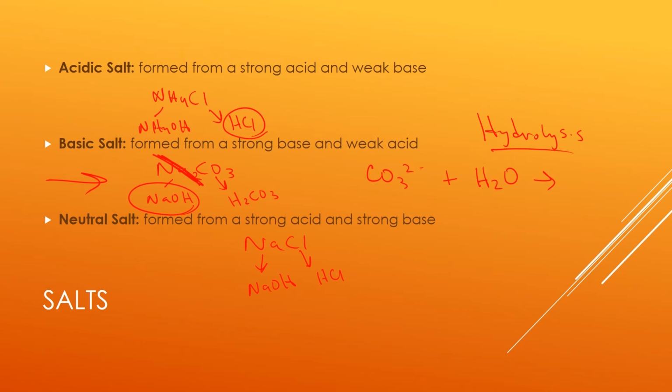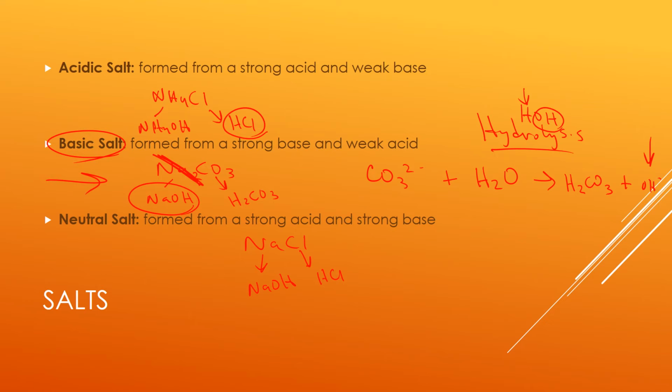Hydrolysis means splitting of water, so think of water as HOH. Since this carbonate has a negative charge, the H is going to bind with that because positives and negatives get together. So I'm going to have H2CO3 plus OH-. Now, it makes sense that OH- is going to be produced here because it is a basic salt. So this would be my hydrolysis reaction.